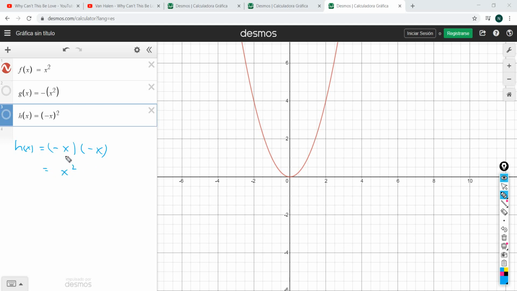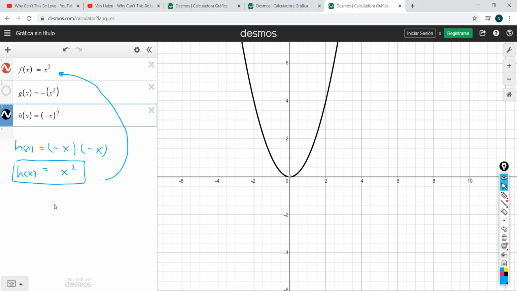Minus times minus is plus, x times x is x squared. So we can see analytically that h is going to be the same as f. And if they are the same algebraically, they have to be the same geometrically. You see? It makes sense. So when you try to do reflections, sometimes you're going to get the same thing as before, okay?